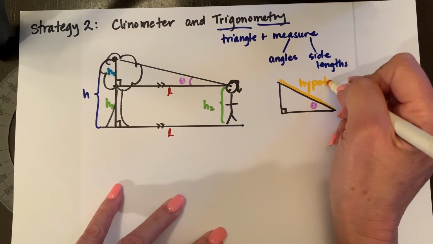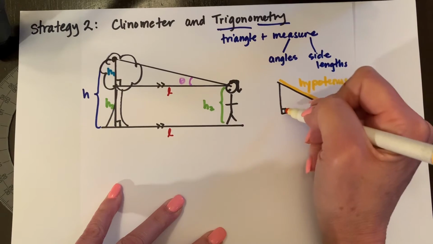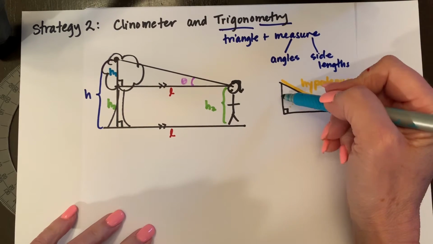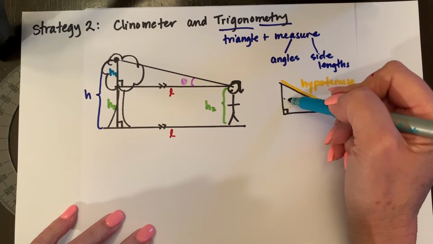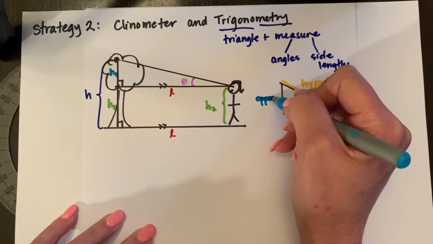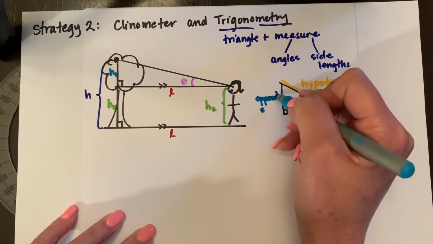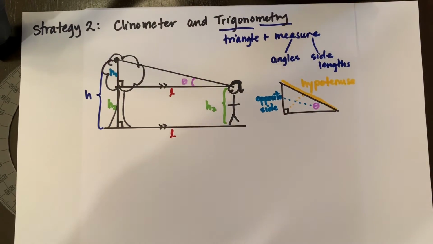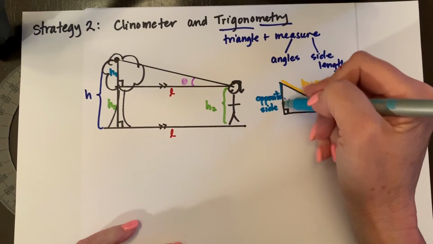Remember, the hypotenuse is the longest side, and it is directly opposite the right angle. And then we have a side that is directly opposite the angle, and that's referred to as the opposite side.